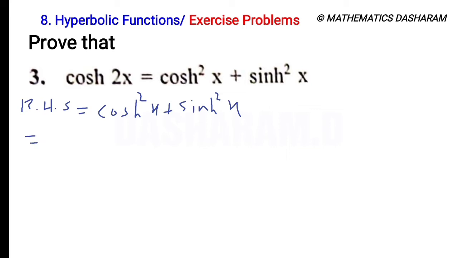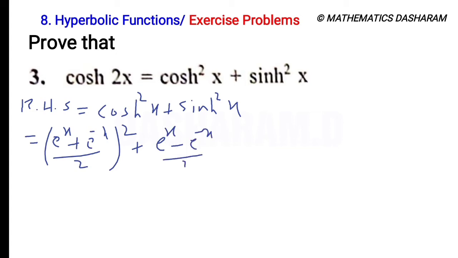So cosh x formula, (e to the power of x plus e to the power of minus x) divided by 2 whole square, plus sinh x formula, (e to the power of x minus e to the power of minus x) divided by 2 whole square.